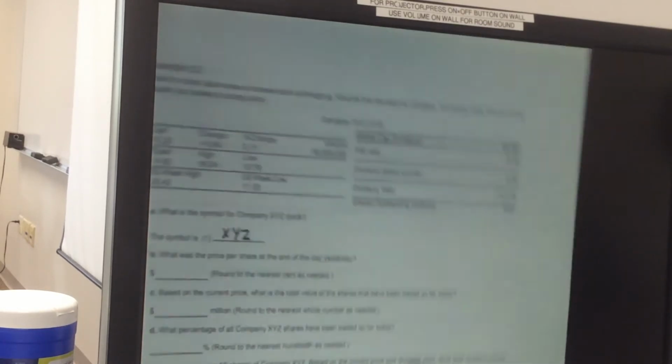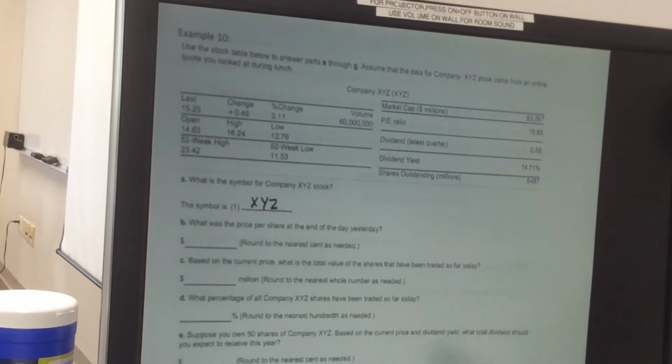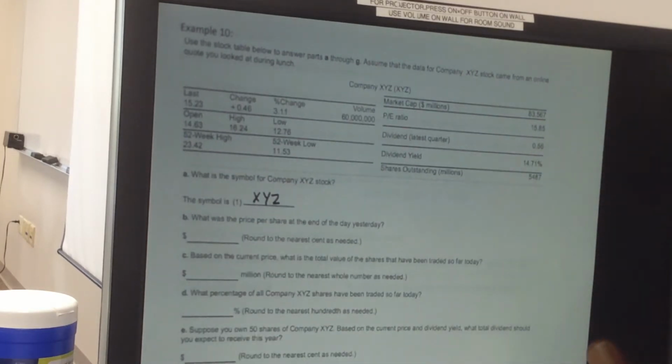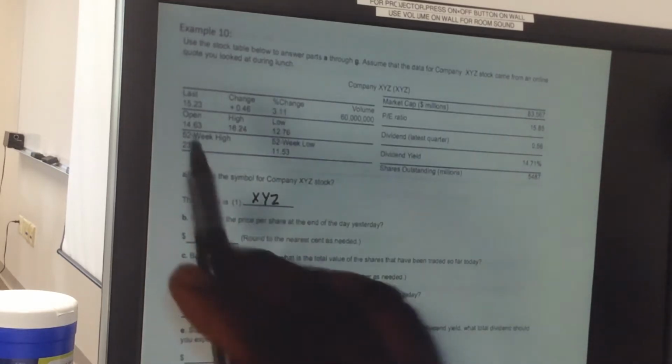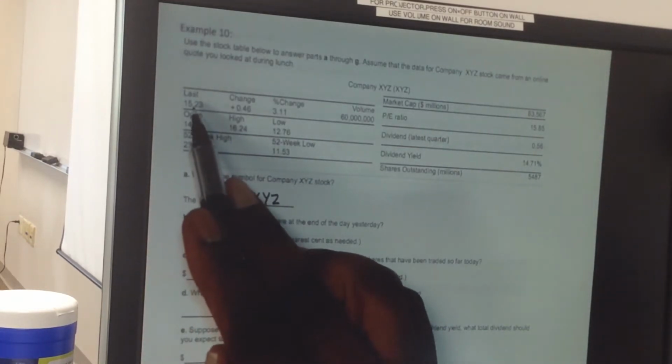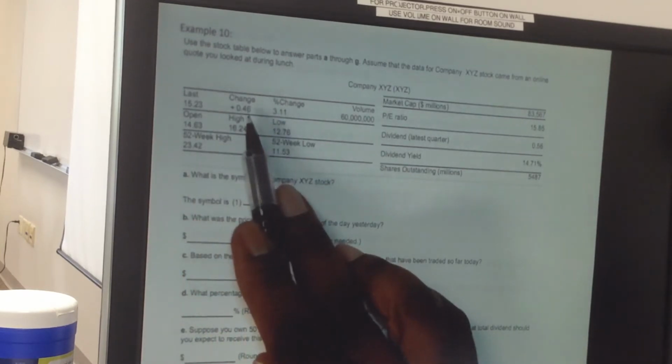Now part B asks, what was the price per share at the end of the day yesterday? Let's take a look at this here. The last amount was $15.23. There was a change of positive 0.46.